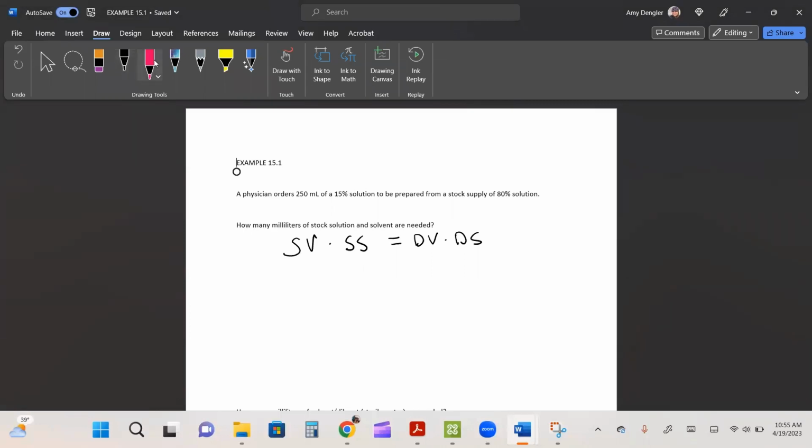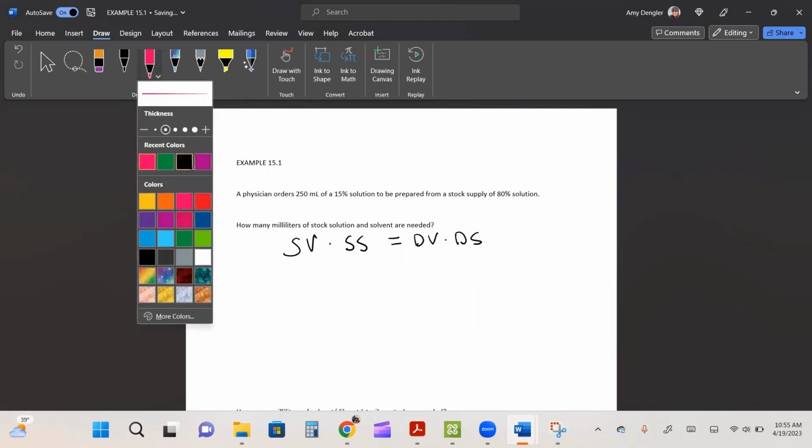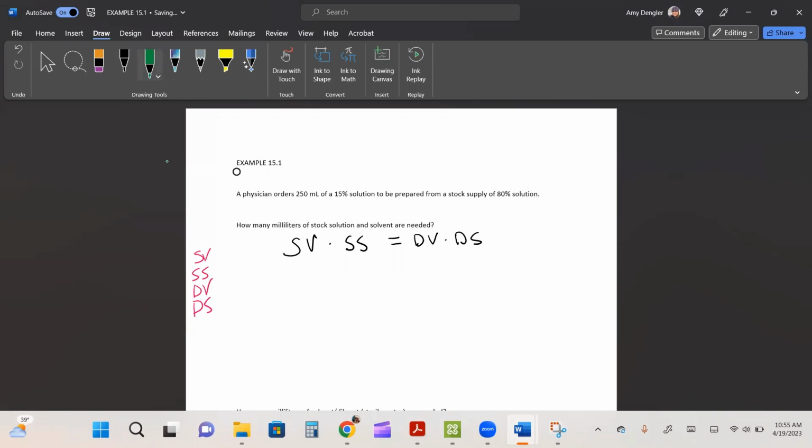And then on the side of my paper, I'm going to just write out those variables again so I can easily identify them and then plug them into the formula. All right, so our stock strength is laid out here for us. So that's 80.